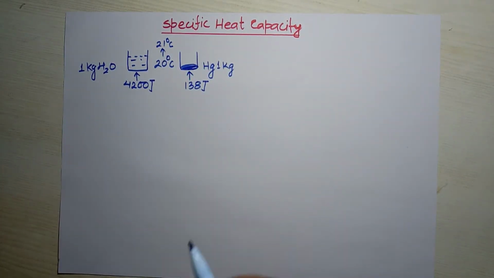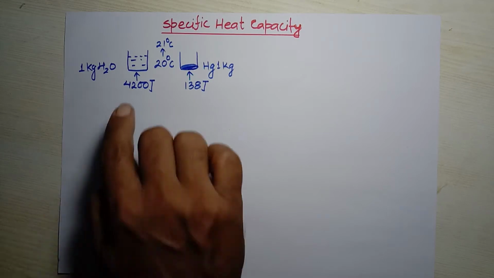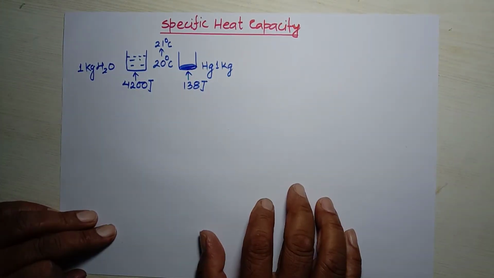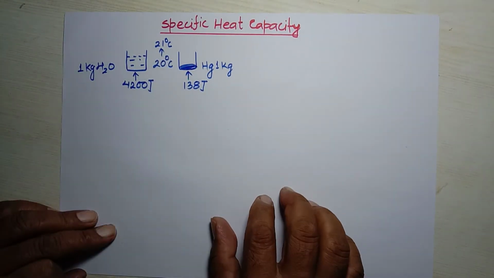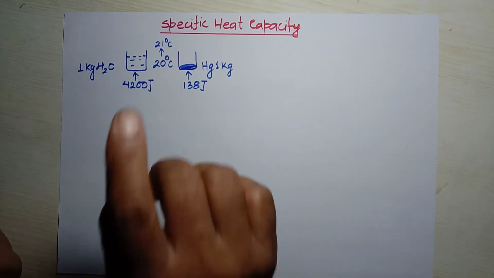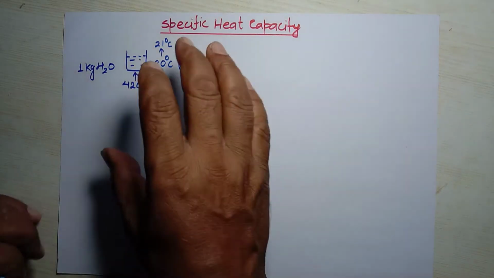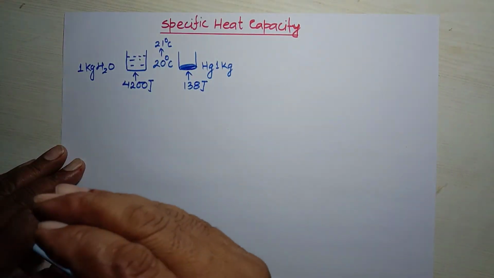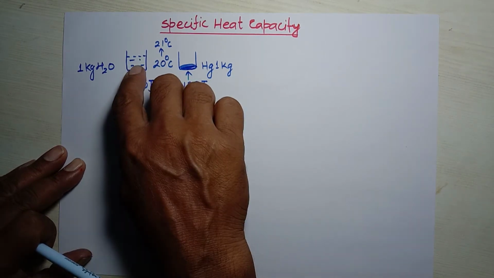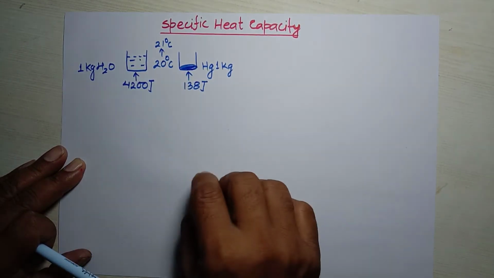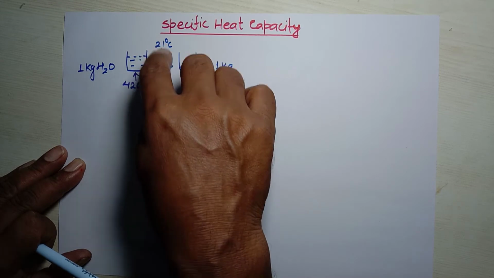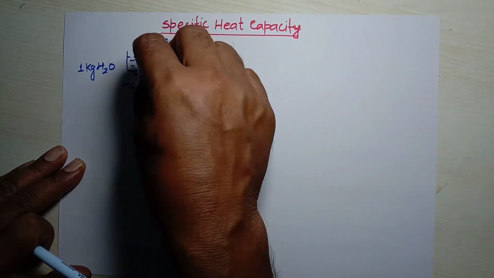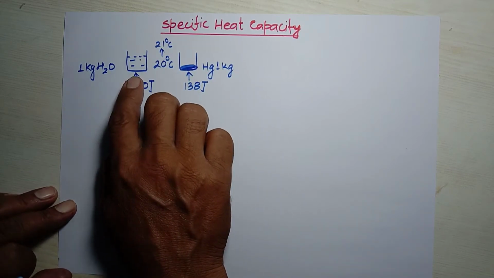degree Celsius. Very interesting. One requires a huge amount of heat energy to raise its temperature by 1 degree Celsius. Another requires a smaller amount of heat energy to raise its temperature by 1 degree Celsius. In the same way, if heat is removed from both of them for a 1 degree Celsius loss of temperature, what is found?